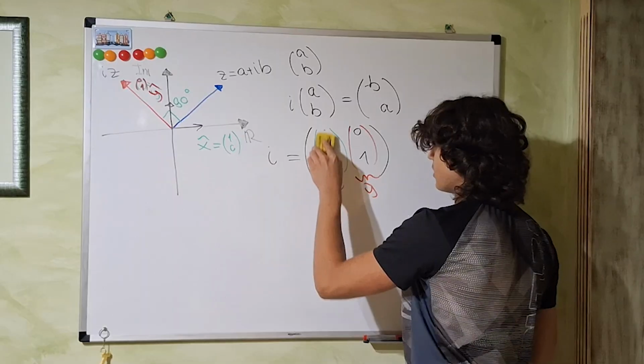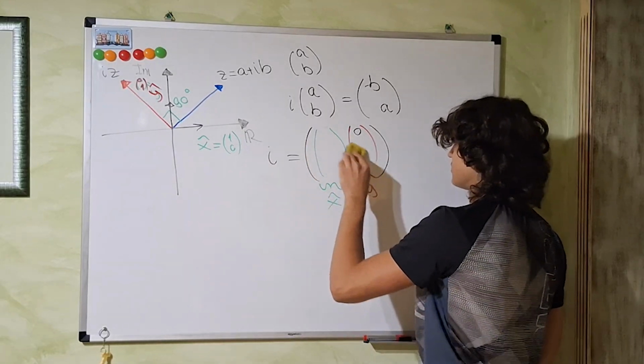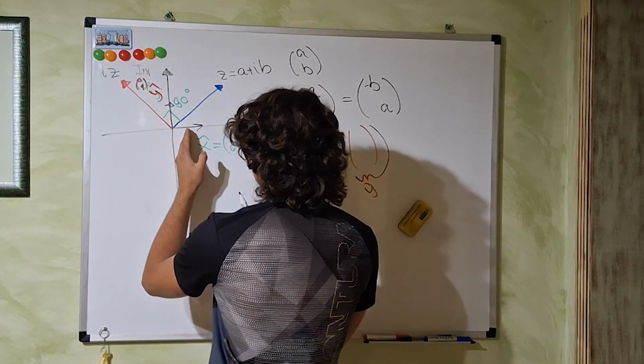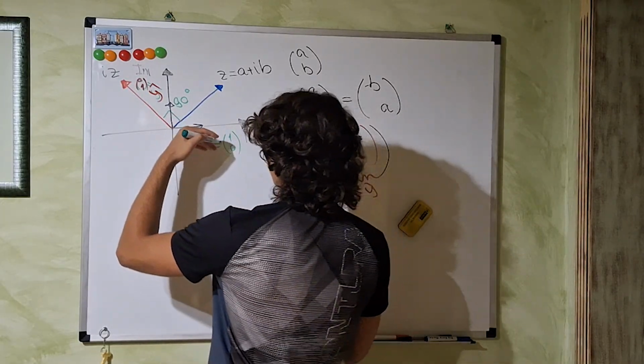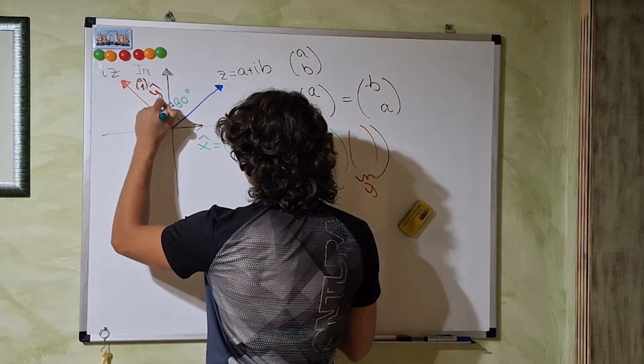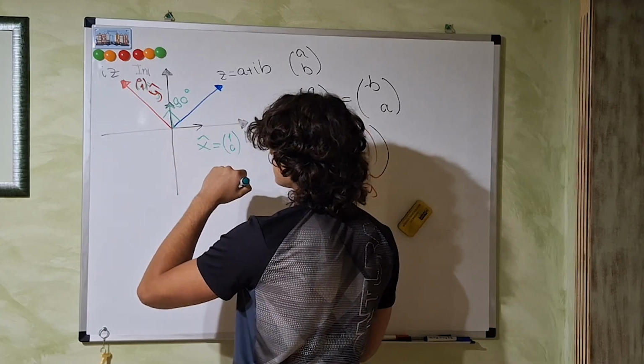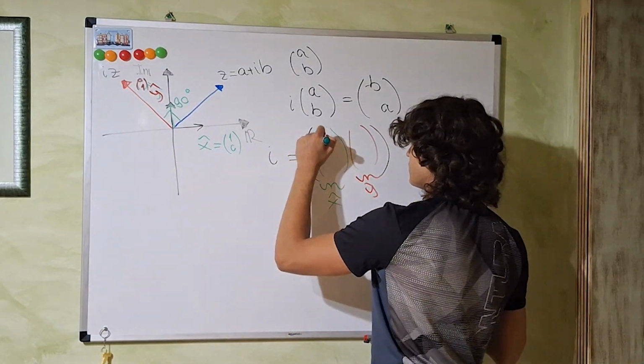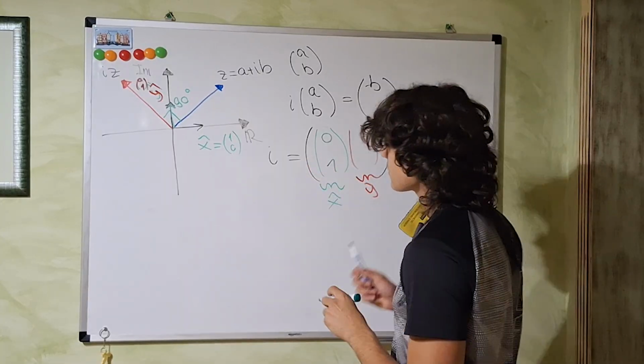So let's see where those two vectors will land after a 90 degrees rotation. If we take x hat and rotate it by 90 degrees, it becomes y hat, so it has coordinates 0, 1.